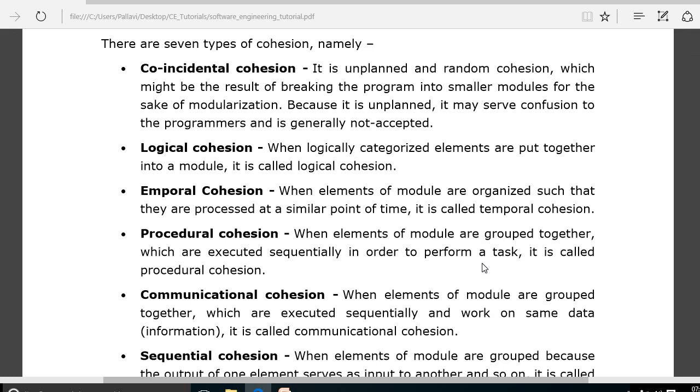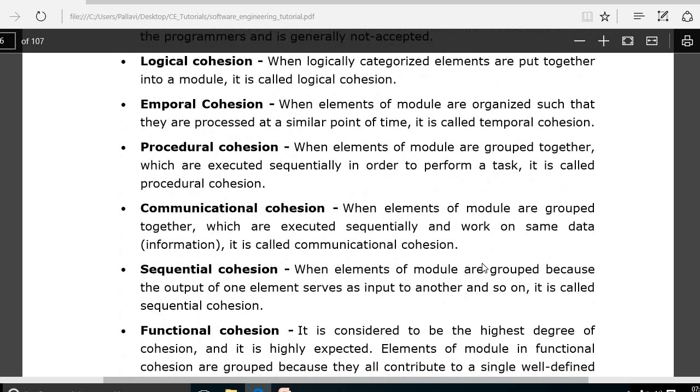When elements of a module are grouped together which are executed sequentially in order to perform tasks, it is known as procedural cohesion. Next, communicational cohesion. When elements of a module are grouped together which are executed sequentially and work on the same data information, it is called communicational cohesion.